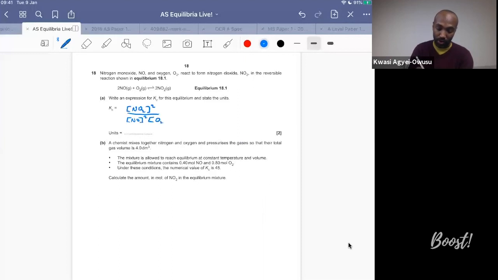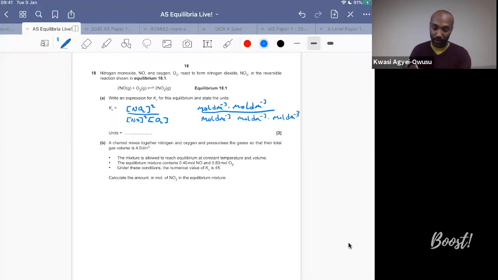times O2 concentration. And the units, if we write out the units, so mole per decimeter cubed times mole per decimeter cubed, and then do the same at the bottom, and another mole per decimeter cubed term.